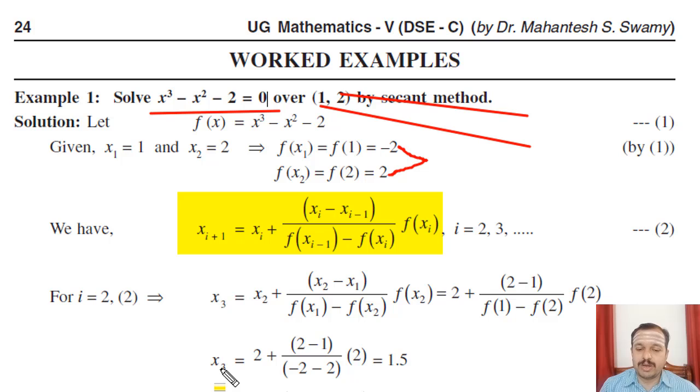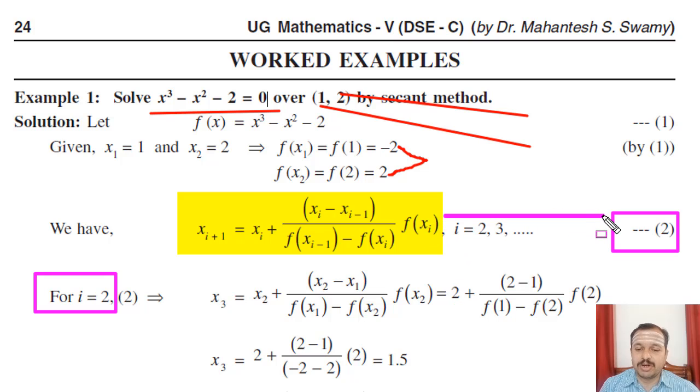So what happens when you substitute i equal to 2? I am calling this formula equation number 2. In equation number 2, please look at this. The formula itself is taken as equation number 2, and for i equal to 2 in equation number 2, if you substitute 2 plus 1, that is going to be 3.